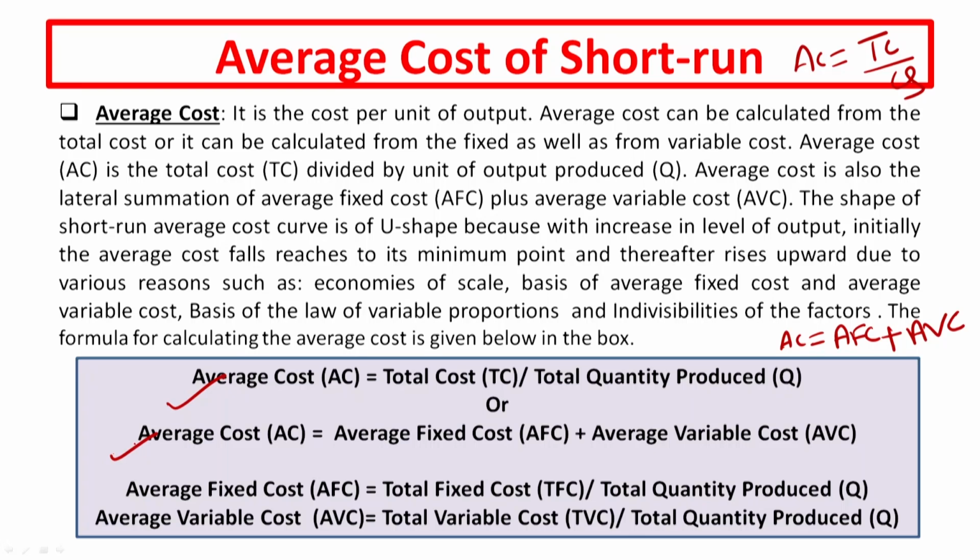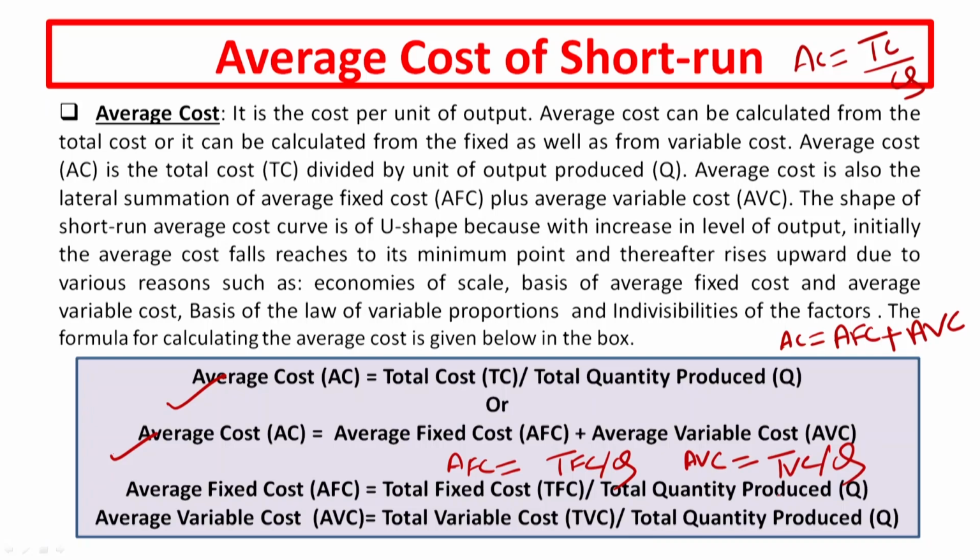And how are we going to calculate average fixed cost? For this, you divide total fixed cost by quantity, and average variable cost is equal to total variable cost upon quantity.